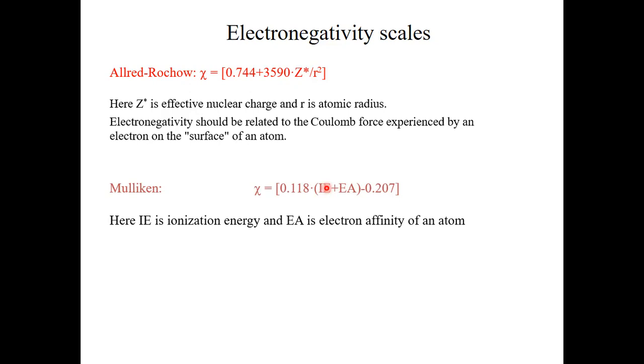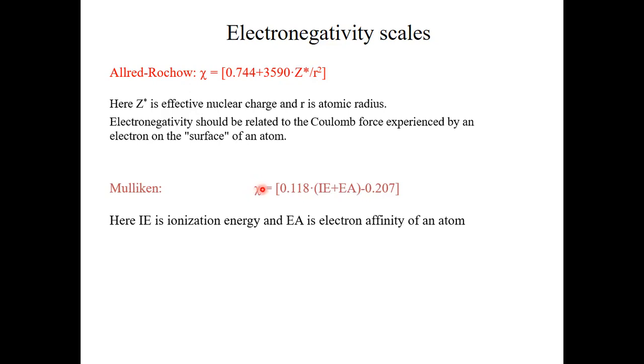And the higher the electron affinity is, which basically means the ease of adding a new electron to a neutral atom, the higher the electronegativity is. Again, there are factors 1.118 and minus 0.217. Again, these are in order to make the Mulliken scale compatible with the Pauling scale.